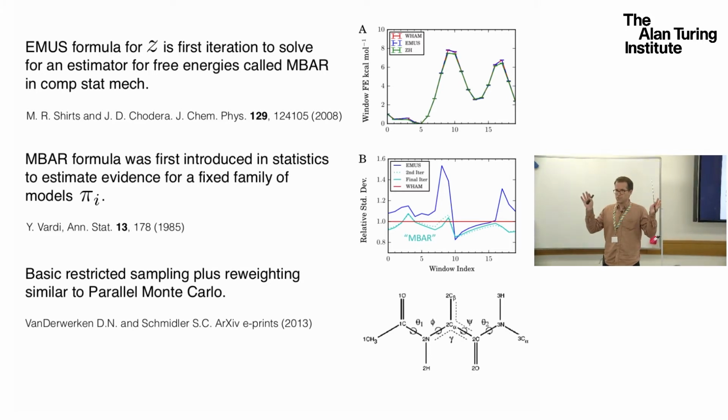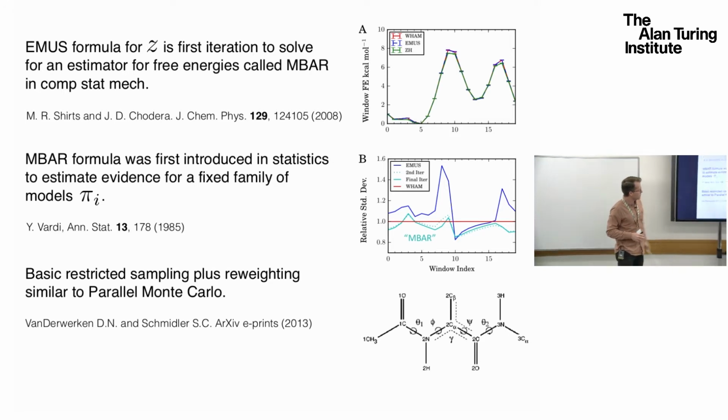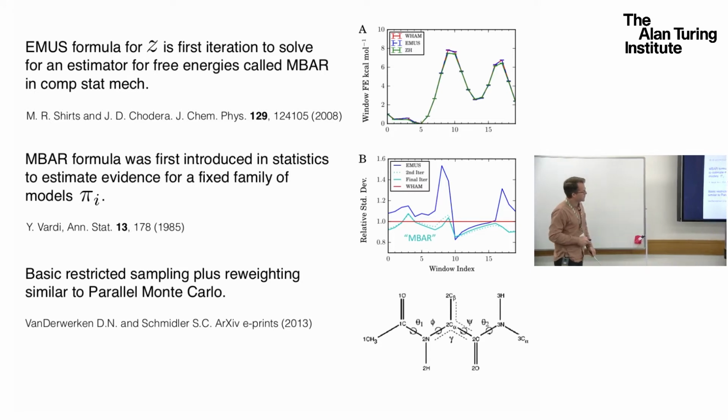So there the idea was completely different. I have these different models. Those are my pi i's. I'm not designing the pi i's to sample from something pi. There is no thing pi. I have separate pi i's, and I want to know their relative normalization constants. So the same mathematical formulas that I described appeared in that context in statistics from this guy, Vardi, and he studied them quite a bit.